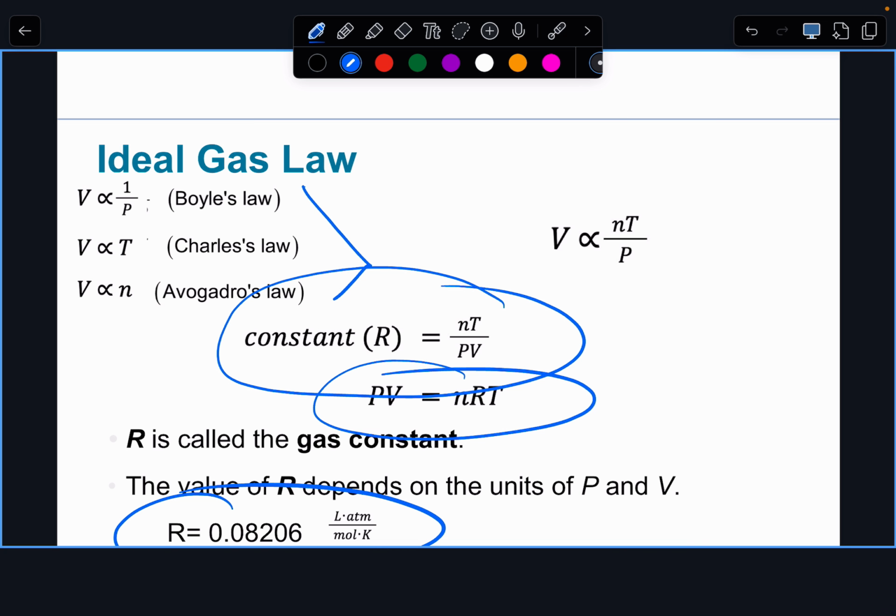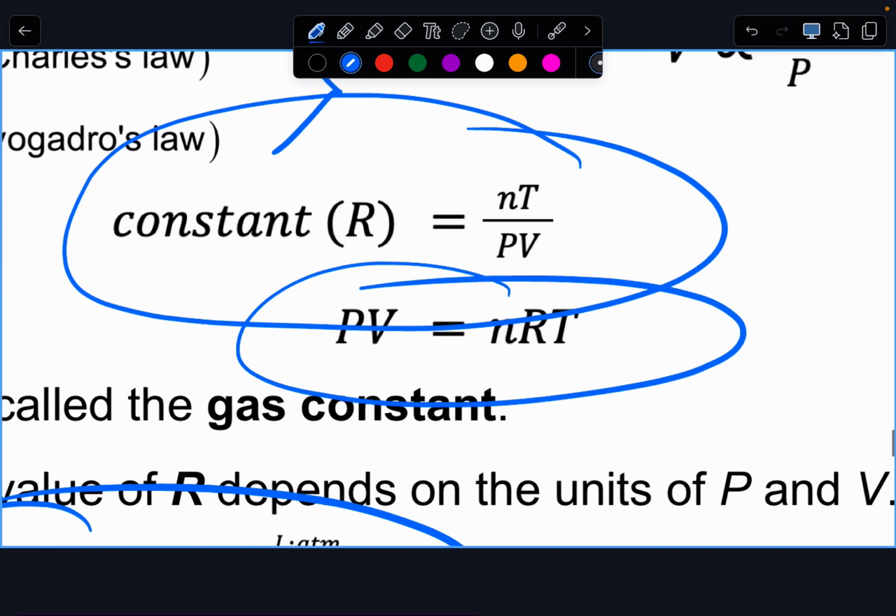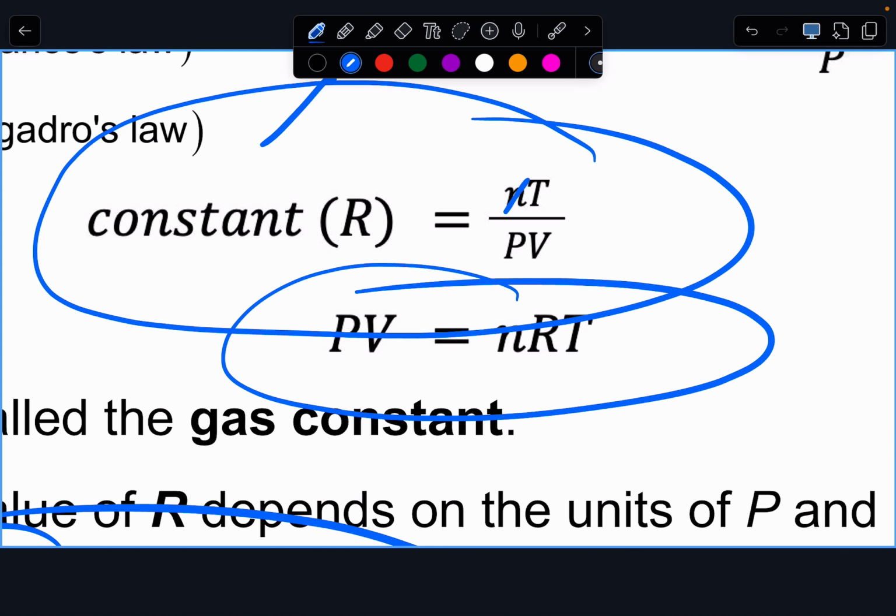I can say N was constant. We weren't putting in any more gas. P was constant because we were using a flexible container. And now my equation becomes T over V, and then I set that equal to T2 over V2. So I basically use the ideal gas law to create one of those individual relationships where I have a change.